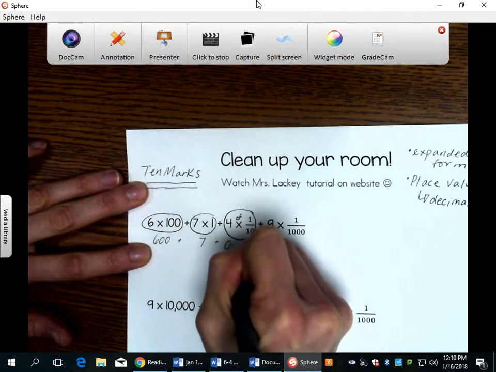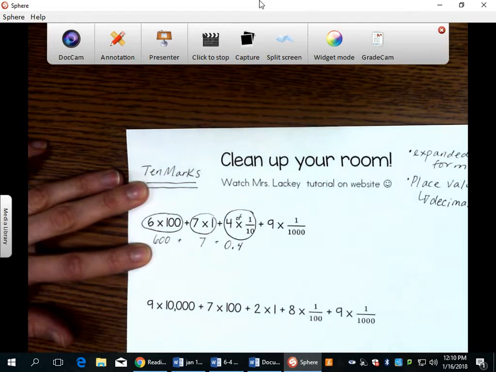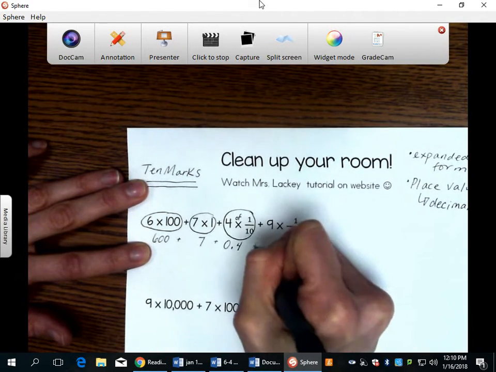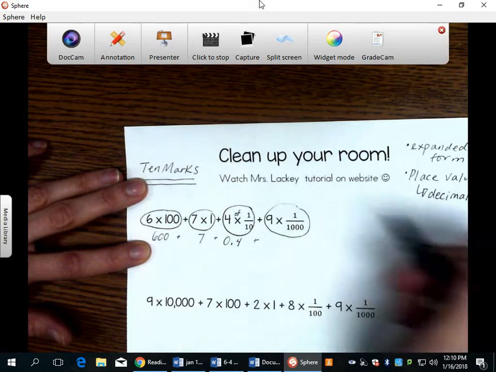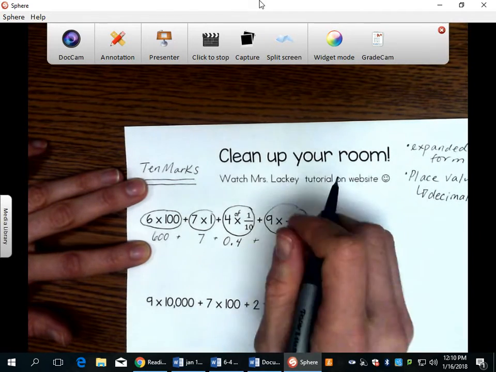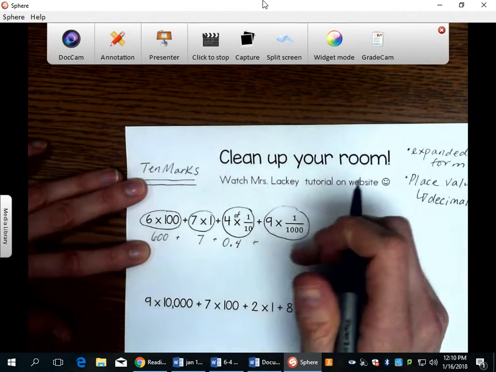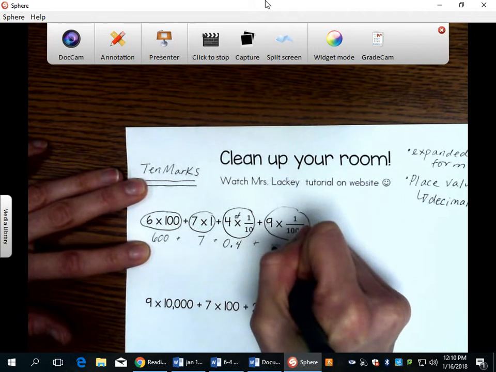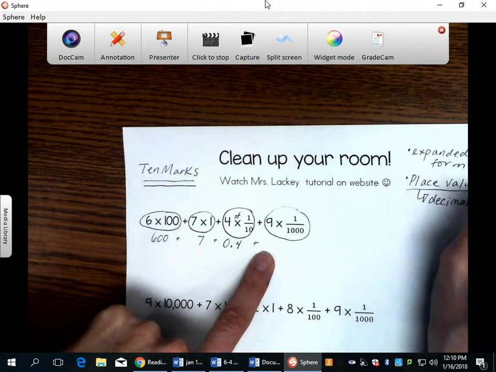Now I'm going to go ahead and write it as a decimal: 0 and 4/10. And then this 9 times 1/1,000, that's 9 of those, so 9 thousandths. Now be careful with place value of your decimals.